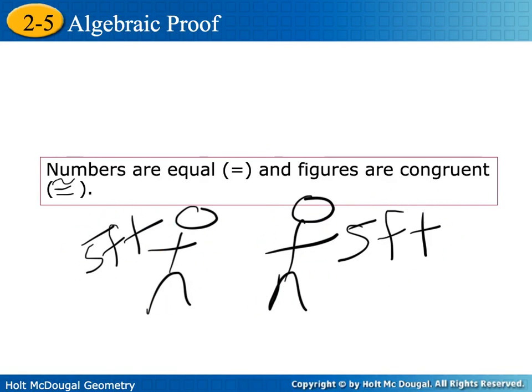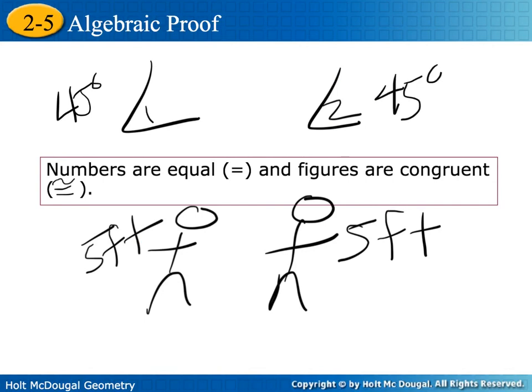So it's kind of like an angle. Angle 1 and angle 2 are congruent. The angle itself, the figure, the measure, if this measures 45 degrees and this measures 45 degrees, the measures are equal. Figures cannot be equal. Figures are congruent. Measures are equal.